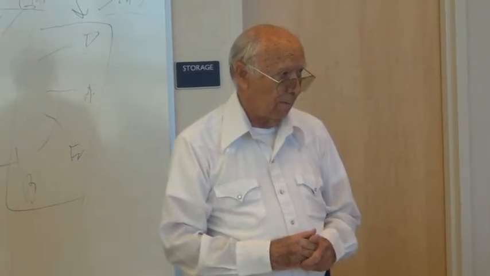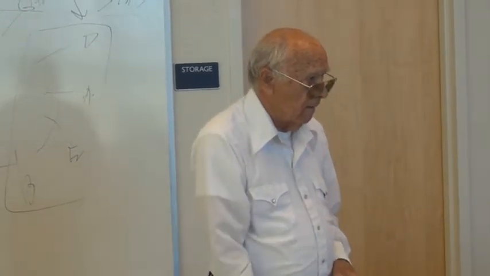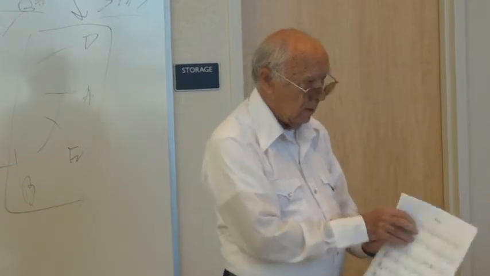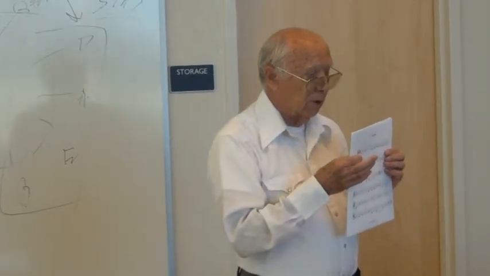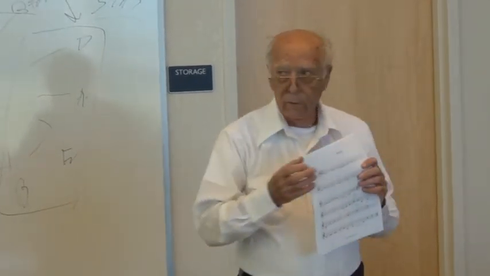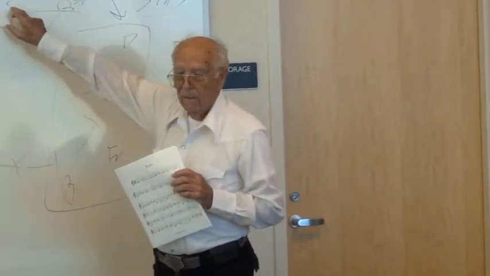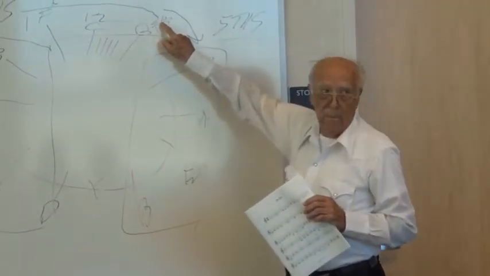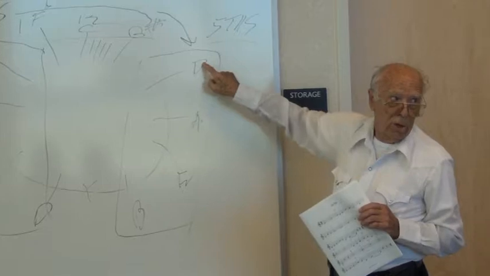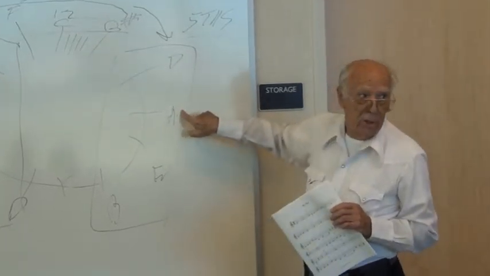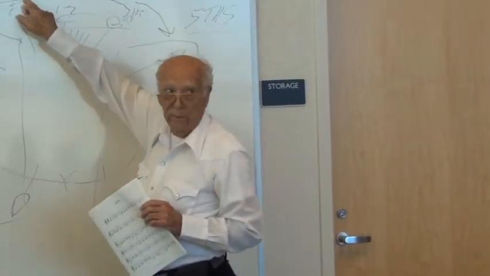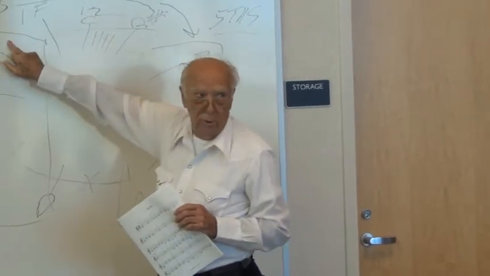Also, probably a good way to figure that out would be looking at that treble sign there. There are no sharps or flats. Therefore, it's in C. G would be 1 sharp. D would be 2 sharps. A would be 3 sharps. F would be 1 flat. B would be 2 flats.